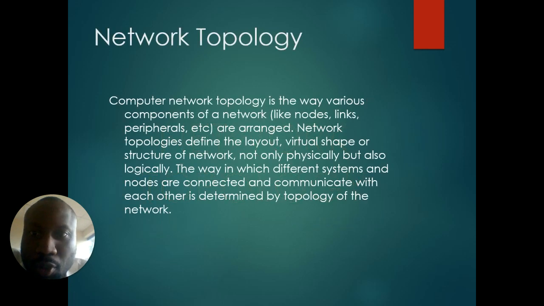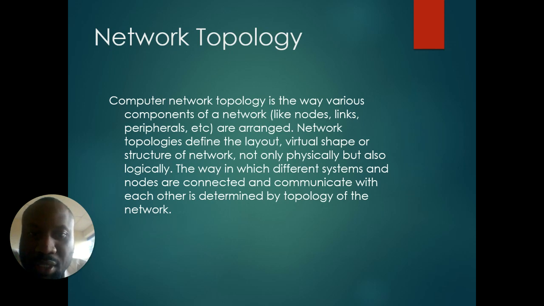So network topology, it is a computer network topology, is the way various components of a network like nodes, links, peripherals are arranged. Network topologies define the layout, virtual shape or structure of a network, not only physically but also logically.